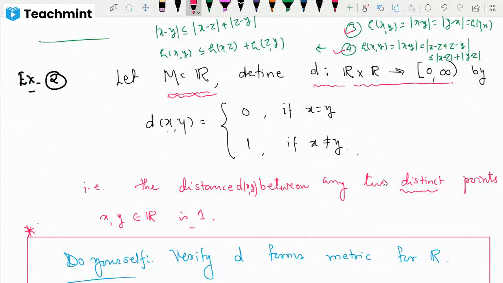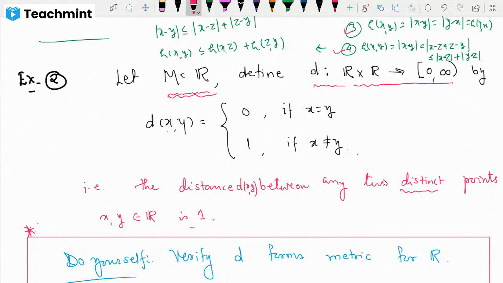So if x equals y, then the distance will be 0, and if x not equal to y, then the distance is 1. So what is the meaning of this? That is, the distance d of x,y between any two distinct points x,y belongs to R is always 1. It means if x and y are distinct points, then the distance is always 1.